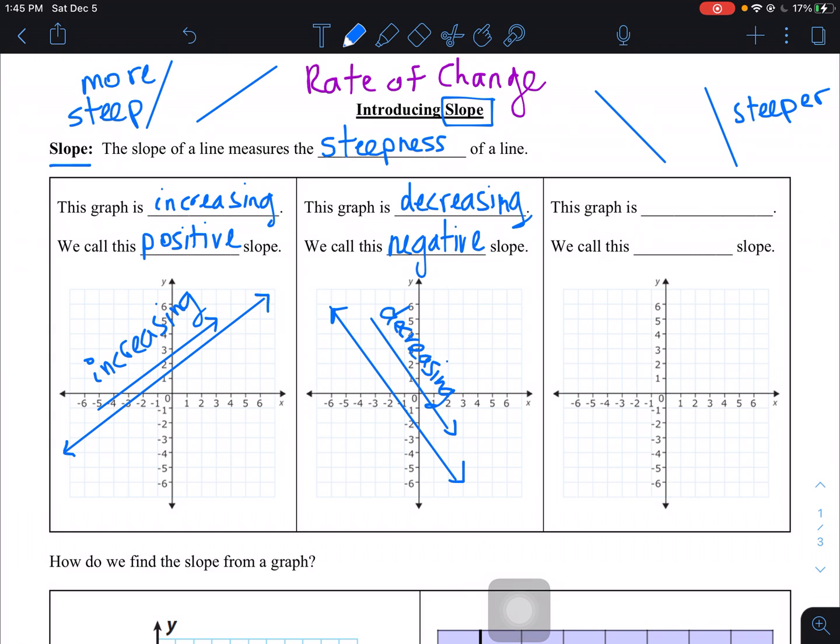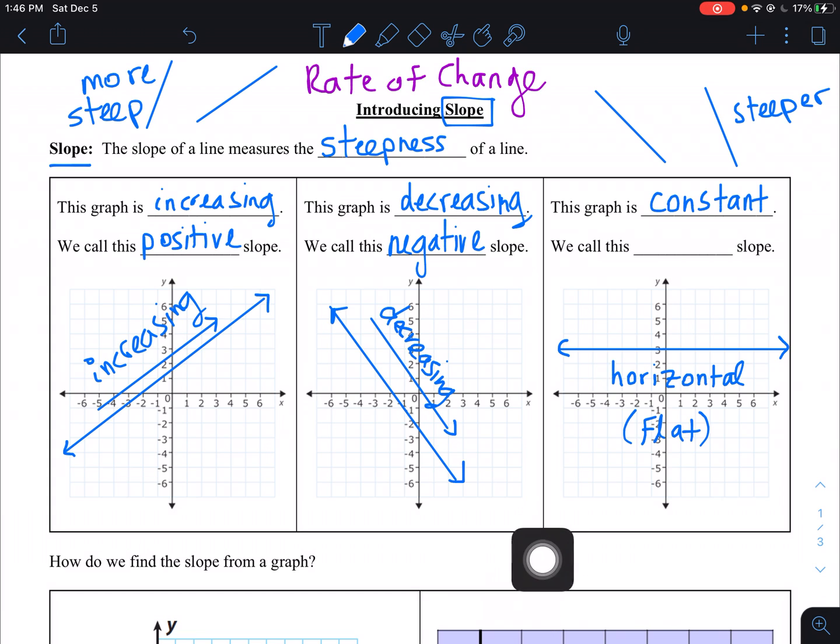The last type of line we're going to study for now is one that goes straight across horizontally. Notice this graph is horizontal, meaning it's like a flat line across. We could just say this graph is constant.